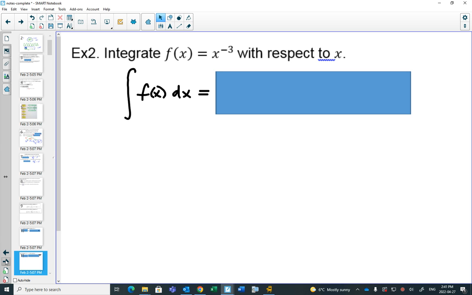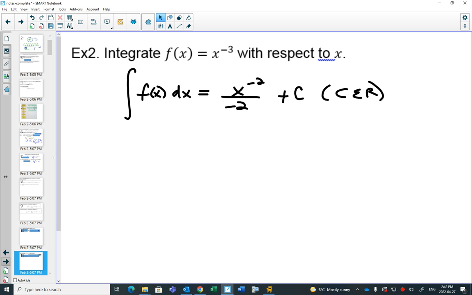So when it says integrate with respect to x, this is how you'd write it. I'm integrating. You could write f of x or x to the minus 3 here, but you have to write the dx to say that I'm integrating with respect to x. Add 1 to the exponent and divide by your new exponent.